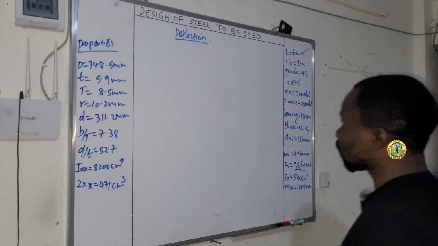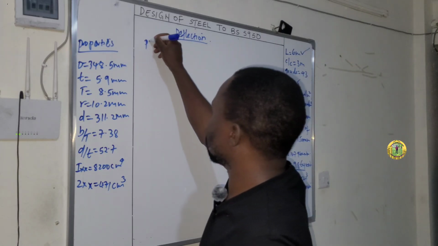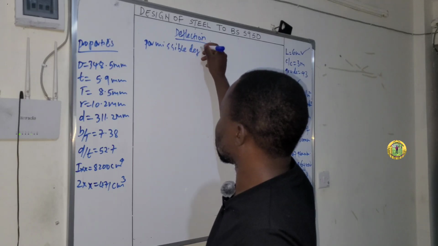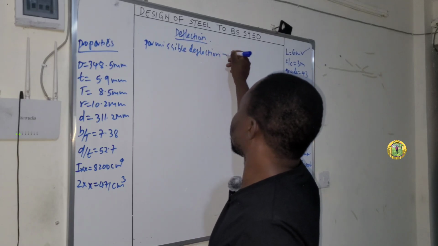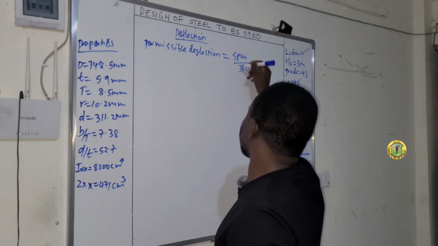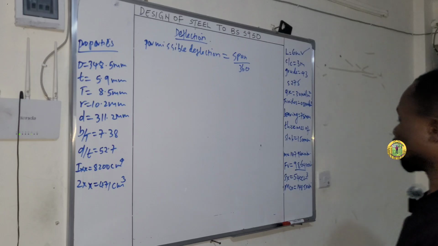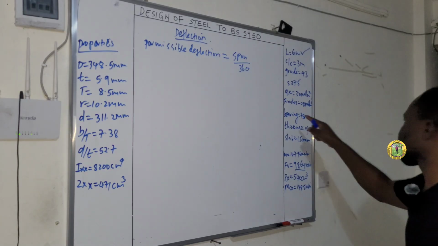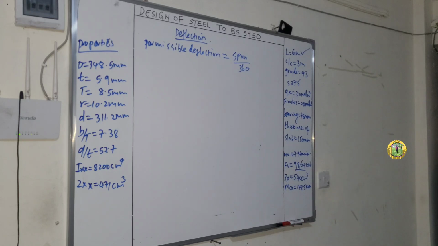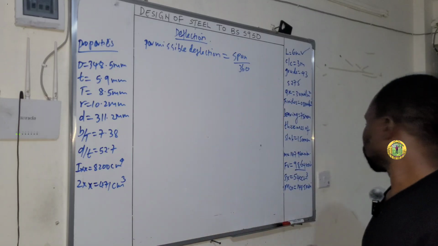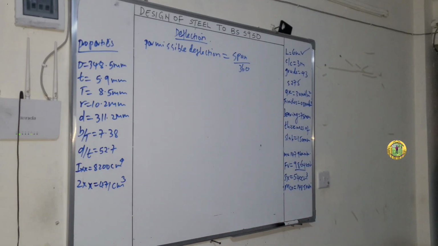So we have the permissible deflection. Permissible deflection is equal to span over 360. Remember, this beam is supporting a floor which has finishes. So the permissible deflection will be span over 360.